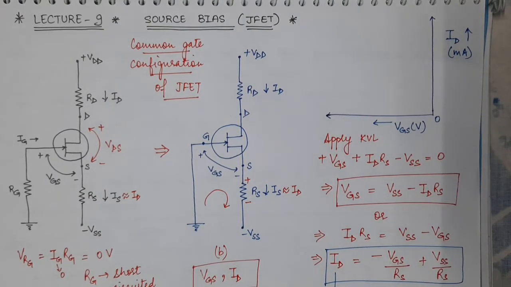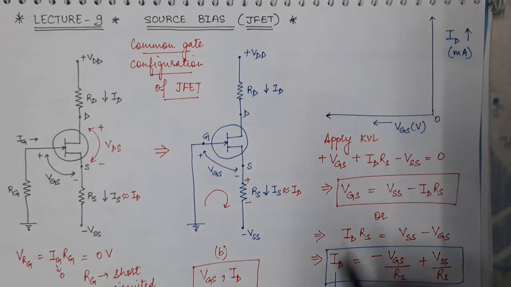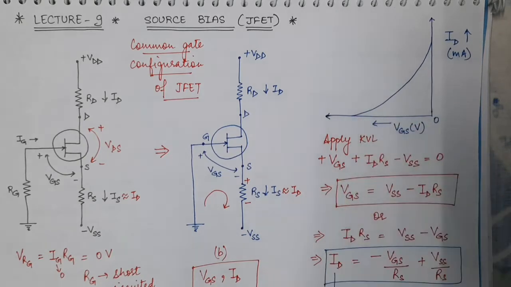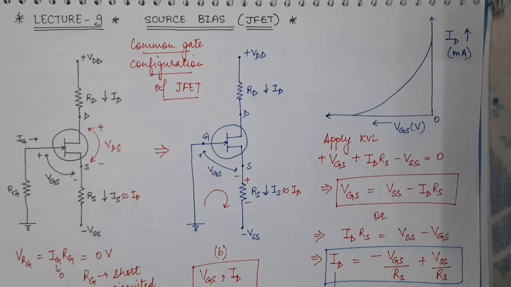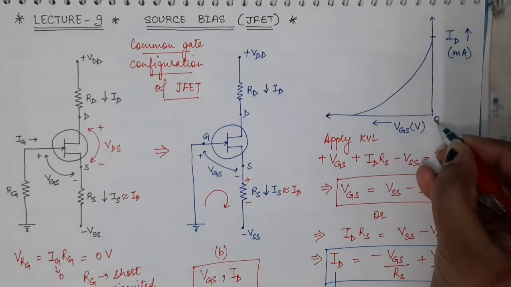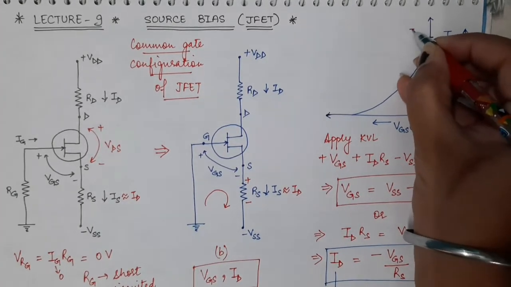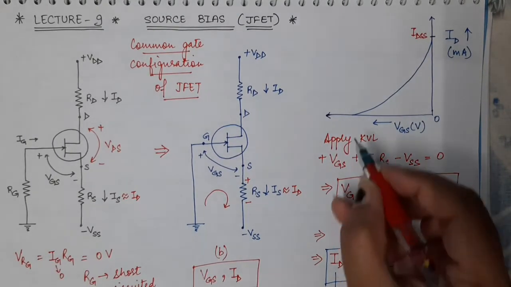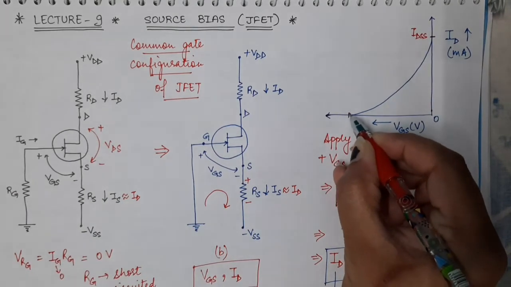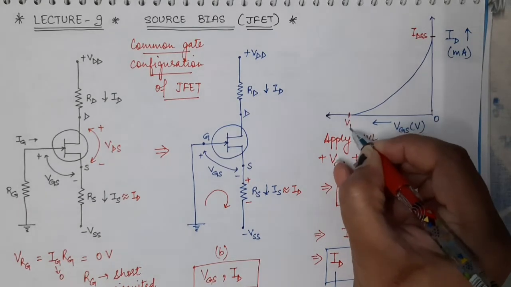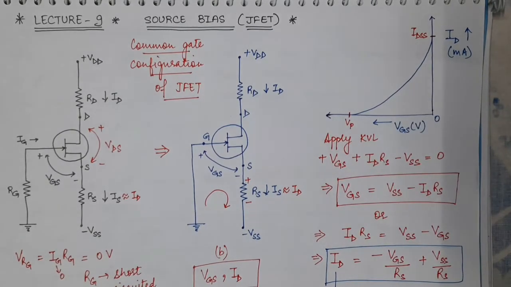The curve comes out like this. It is parabolic in nature, where the maximum value of current corresponding to VGS 0 is IDSS, whose value is known, and similarly the value of voltage corresponding to which drain current is 0 is also known, the pinch off voltage. So this is our transfer characteristic curve.